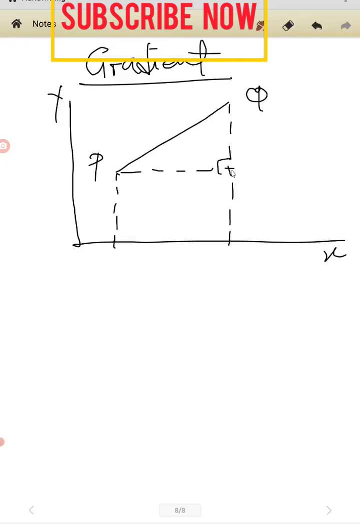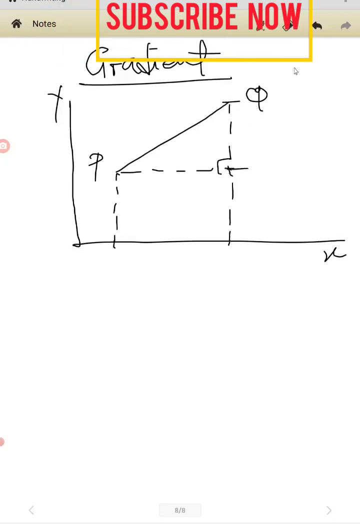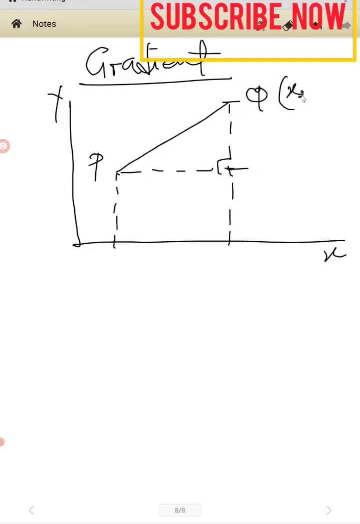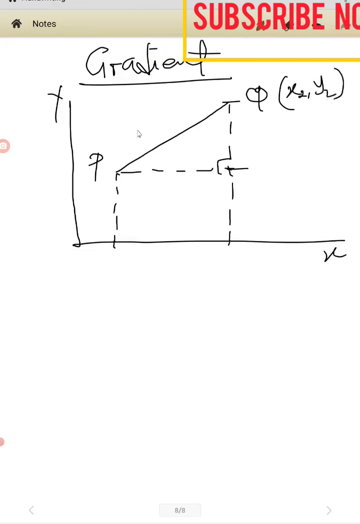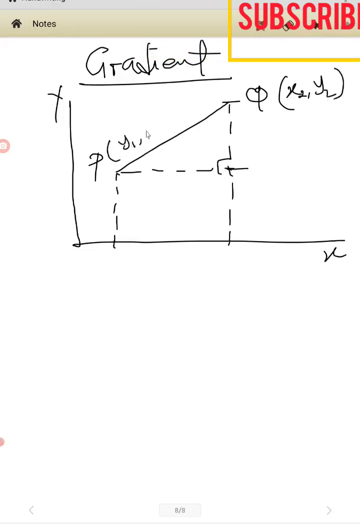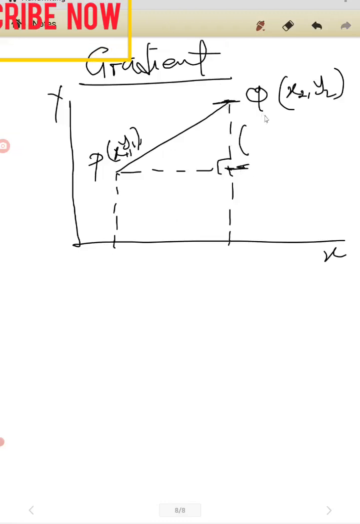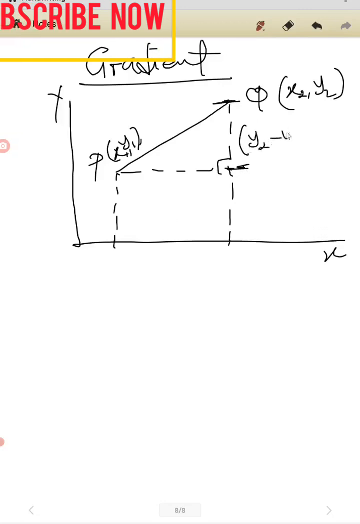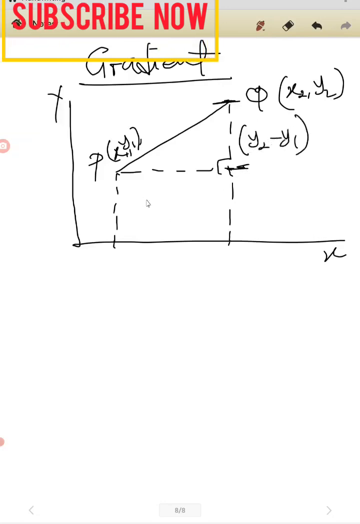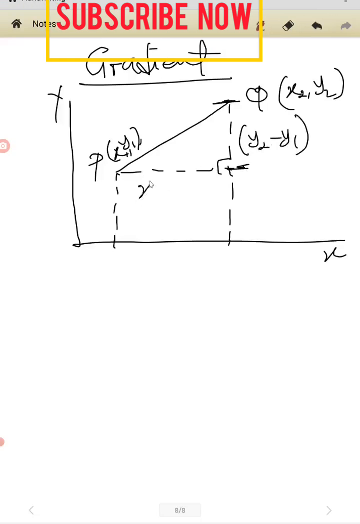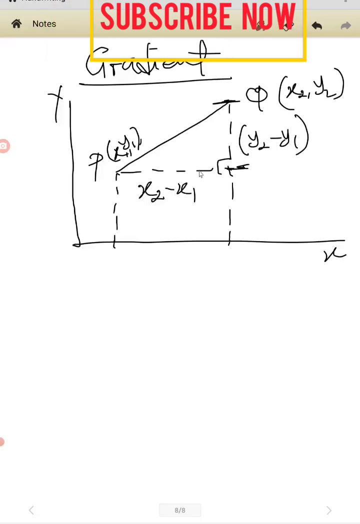Now, as we explained from the beginning, this point is x2, y2. This point is x1, y1. So if this from here to here is y1 and this is y2, then here will be y2 minus y1, as I explained in the previous one. This will be x2 minus x1.